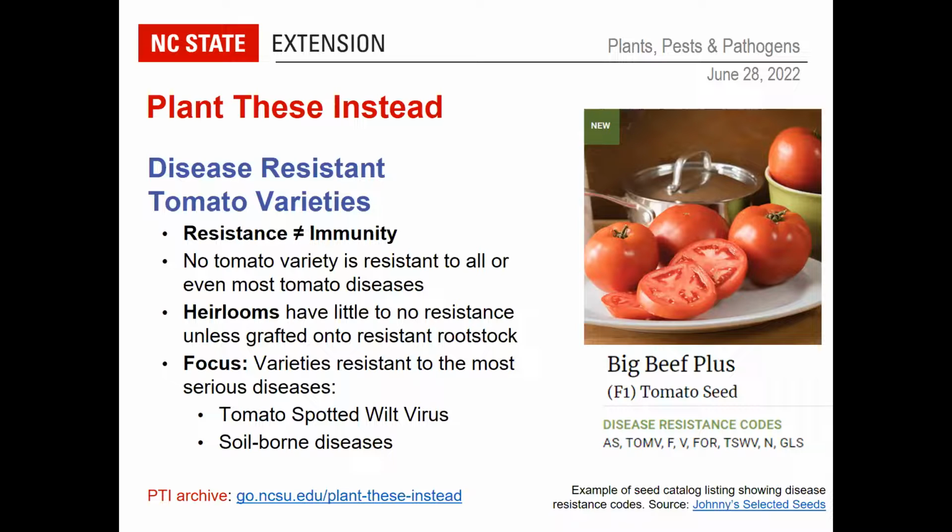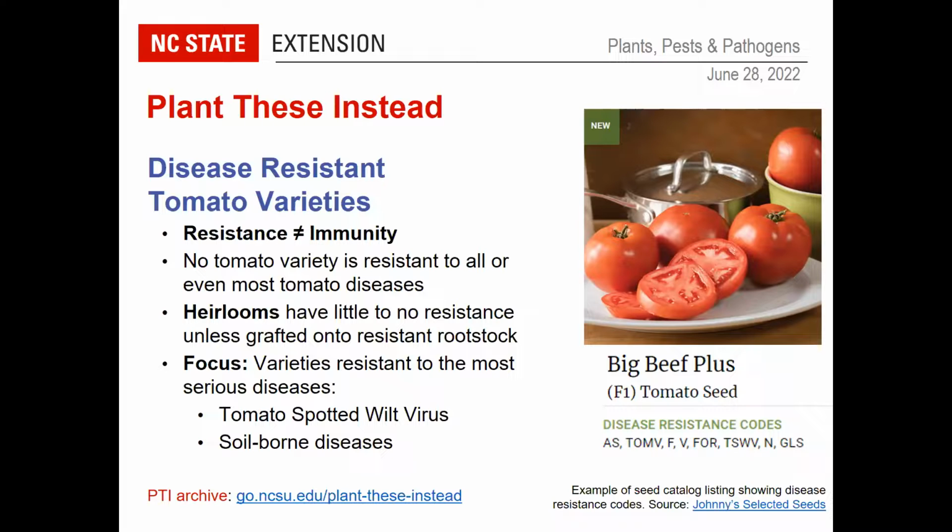So that's one reason why if you start looking at some older publications, you'll see other varieties listed. There's always new varieties coming out, and one of many reasons is just to keep up with having that resistance for our diseases. So unfortunately, no tomato variety is resistant to all or even most of these tomato diseases.